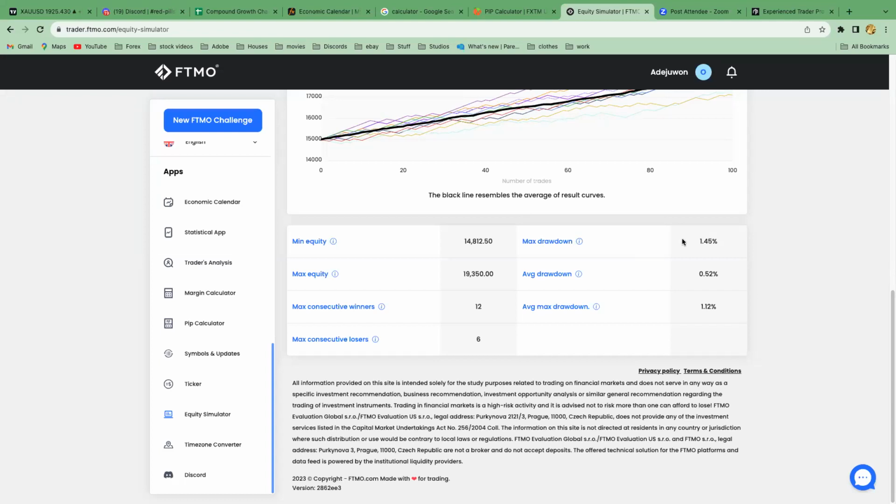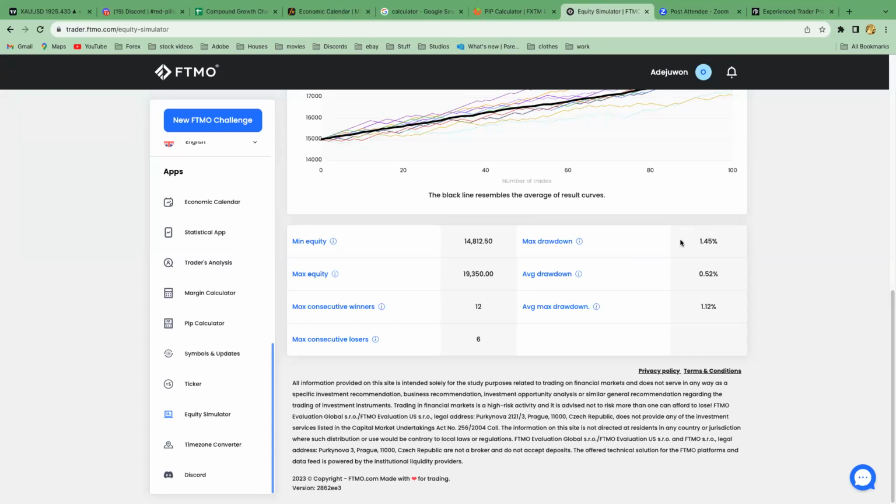Now your max drawdown was at a point where it only went to 1.45%. Now I know a lot of prop firms, even if you're getting the accounts that are like instant funding, they don't have crazy drawdown. When I say crazy drawdown, I mean their rule is not like you can only lose 0.5% of the account. Most of them are like maybe 2 to 3% maximum you can lose. And you can see here in this equity curve, you went nowhere pretty much near that.